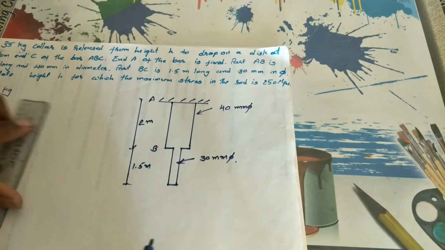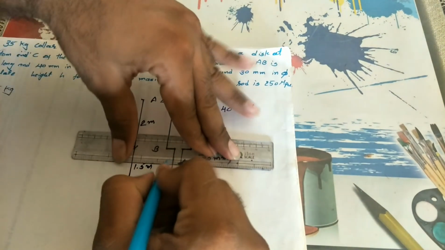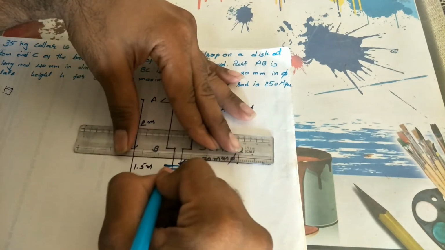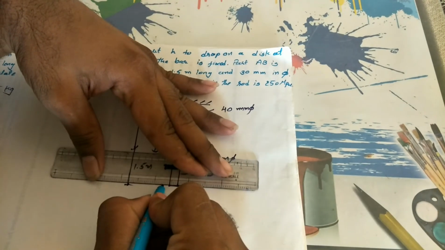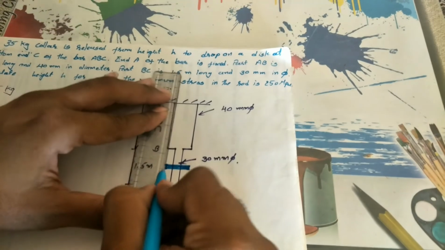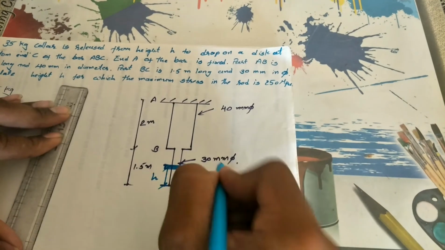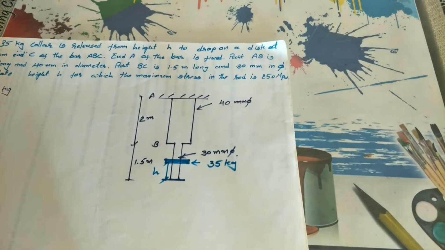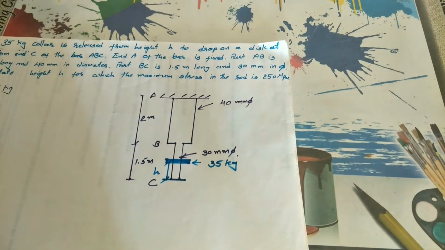A weight falls from a certain height h. So this is your weight and this is your height h. The weight of this is 35 kg, and this end is C, with the AB part and the BC part.